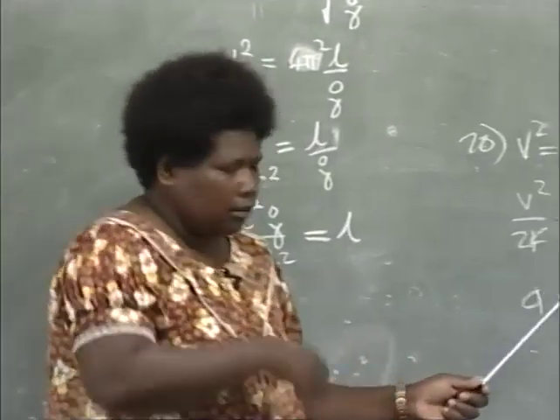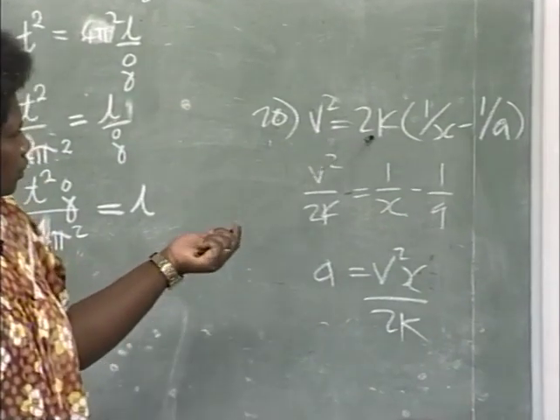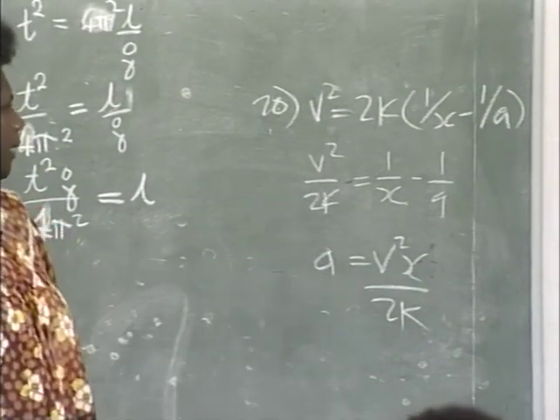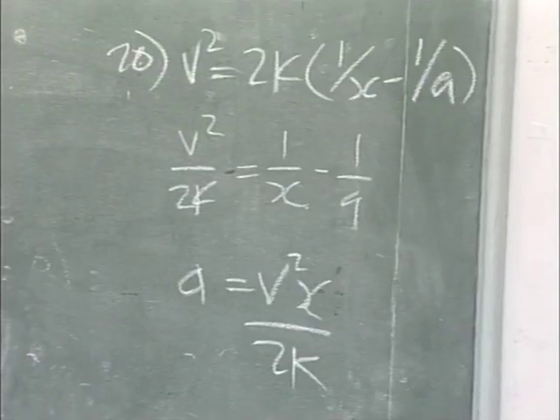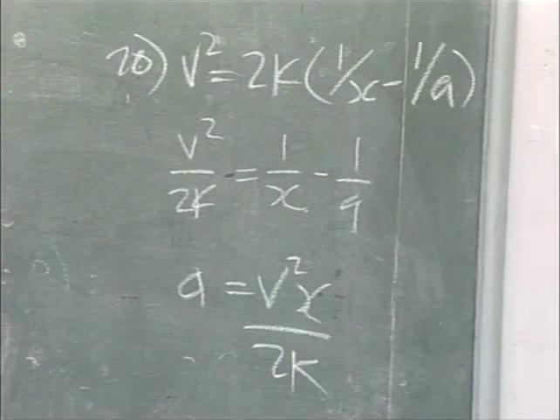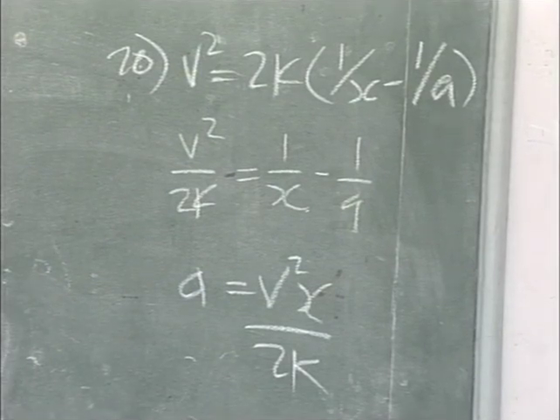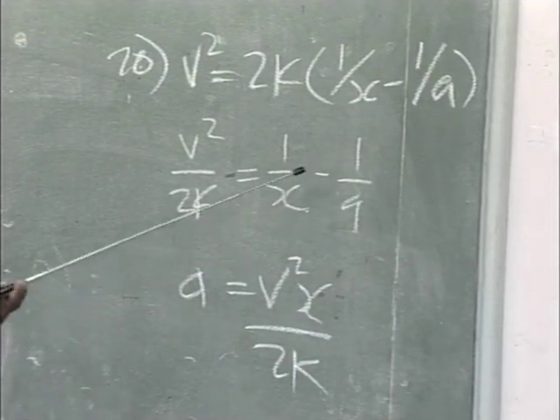Okay, this one. V squared is equal to 2k times 1 over x minus 1 over a. What do we want? We want a.